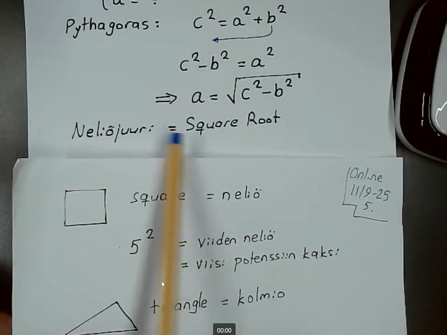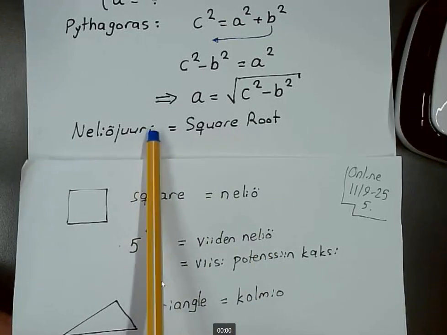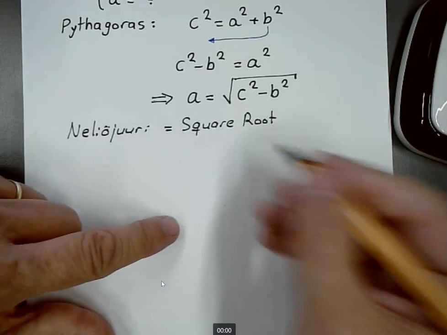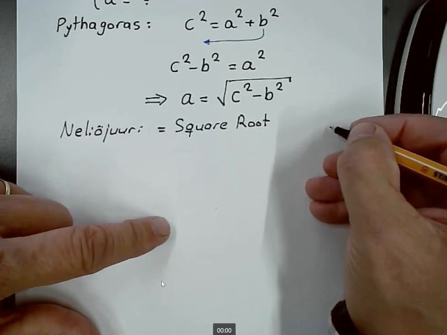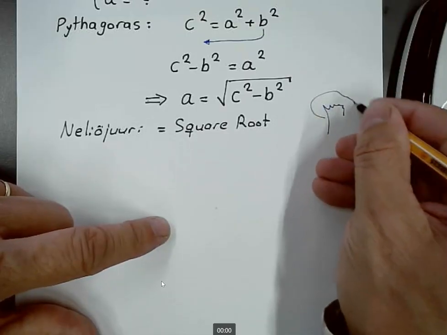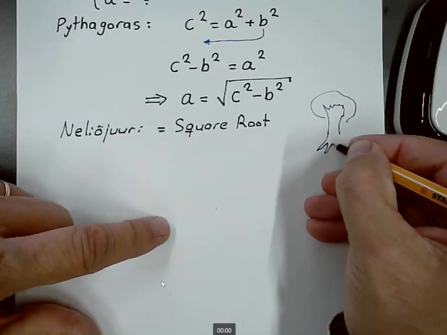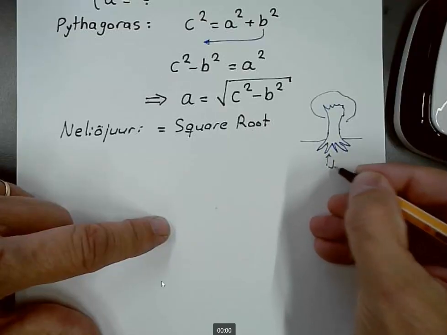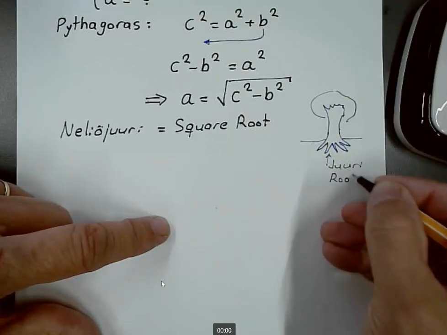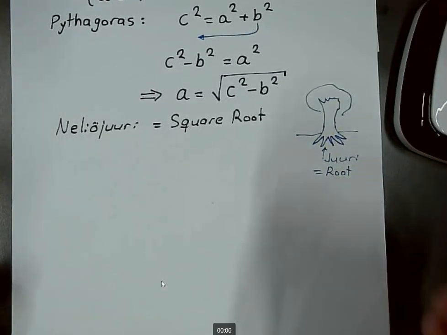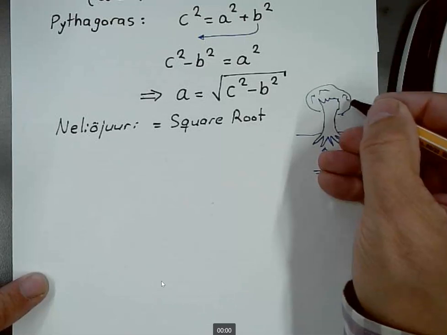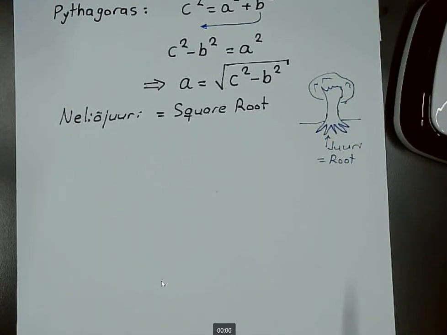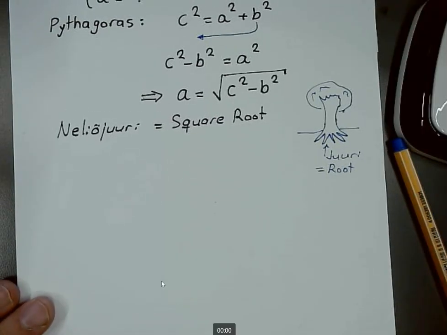And here we see the neliö again. And root is the same as juuri. In the Finnish language, this root is, I'm a very bad drawer, but if we have a tree here and here which are in the ground, this part here is juuri, or root. I'm sorry for my bad drawing skills. Neliöjuuri.